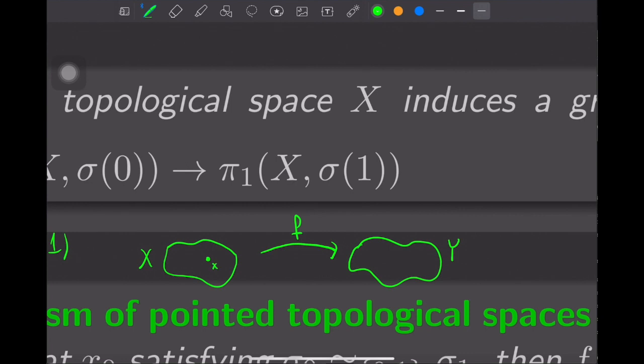Let's say here is X naught, and then let's take the image of X naught under F. So Y naught, and then here just Y naught equal to F of X naught.